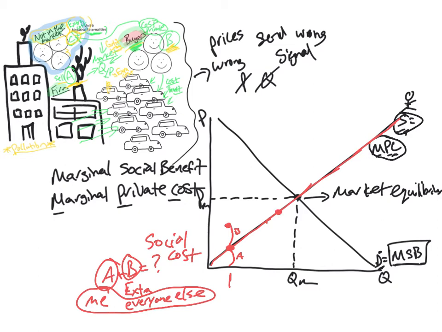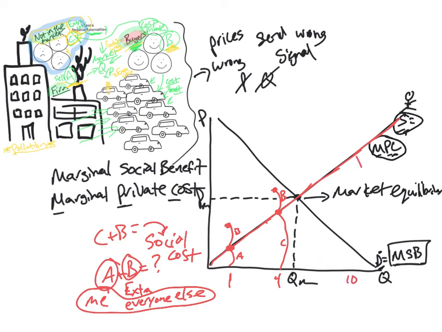So this is the cost to me. We'll call this one C. And then we have again this B, this cost imposed upon other people. And what is B plus C equal? Well, that's the social cost at, let's say, quantity 4. And then we can go to quantity 10 out here.